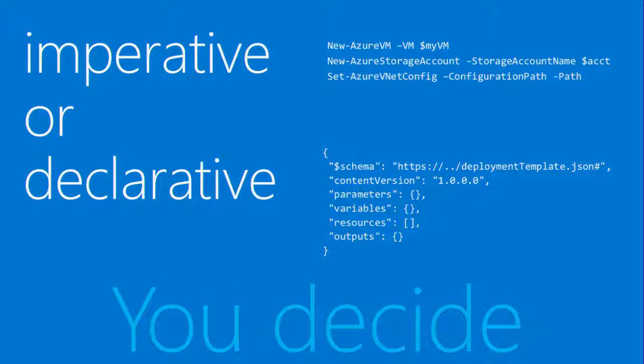So then the question: you have that declarative model for describing what the solution looks like. You deploy it, but what if you want to make changes after that, right? Ad hoc changes, so to speak. Because we have the REST API, ultimately it is really up to you to decide whether you want to go fully imperative, fully declarative in the form of templates, or a mix of the two.